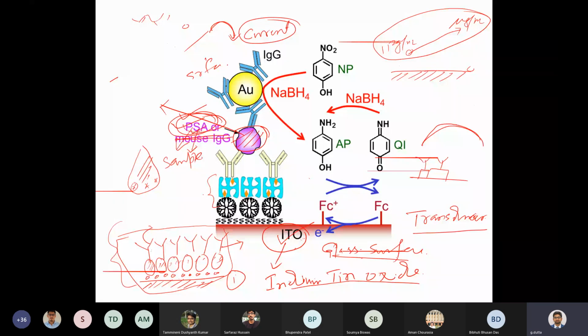If your sample contains PSA, it will bind on the sensor surface, because it is very specific for this antibody. So this antibody will bind with this antigen. What is the antigen? The antigen is the protein marker that you are going to detect. That is your biomarker, or your target, that will bind with the antibody.